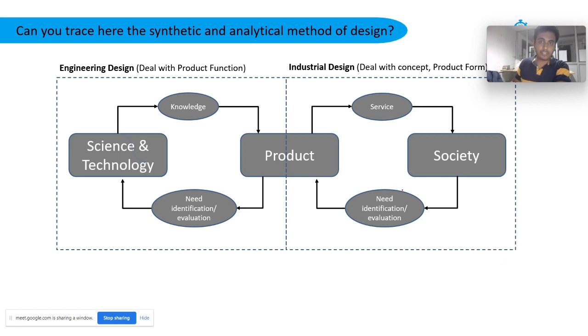So basically, if you see here, a need arises from the society, and this is where you have the industrial design, which is also known as conceptual design, and there you deal with product concepts and product form. And when you have this particular motivation of a need or a problem, we call it the analytical method of design.